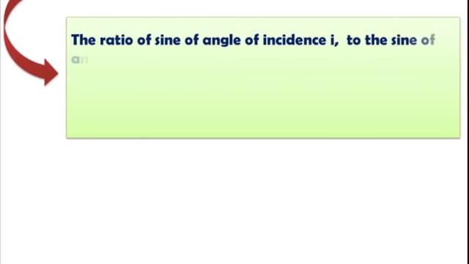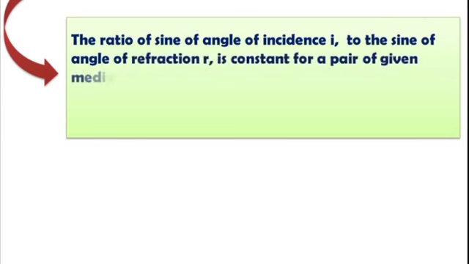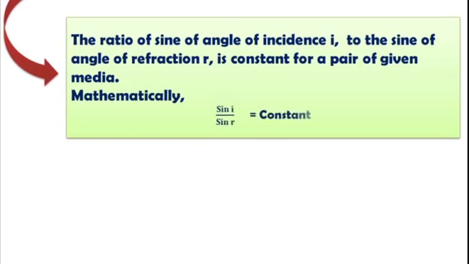Number 1, the ratio of the sine of the angle of incidence I to the sine of the angle of refraction R is constant for a pair of given mediums. That is mathematically, sine I divided by sine R is equal to a constant. This is one of the laws of refraction, called Snell's law of refraction.